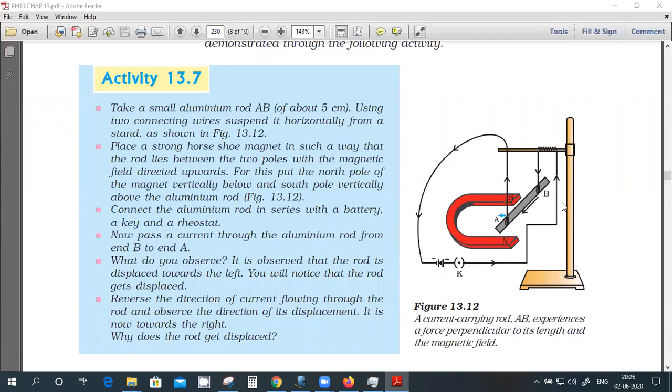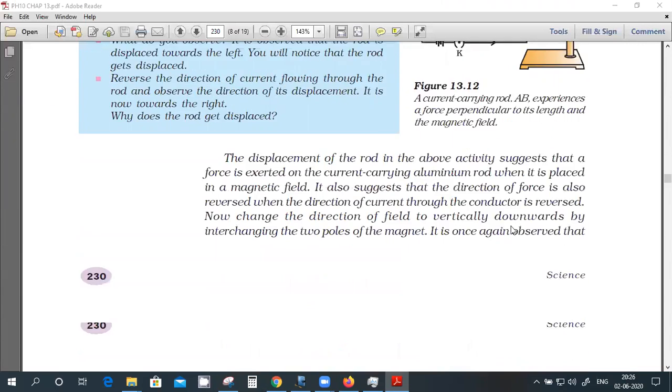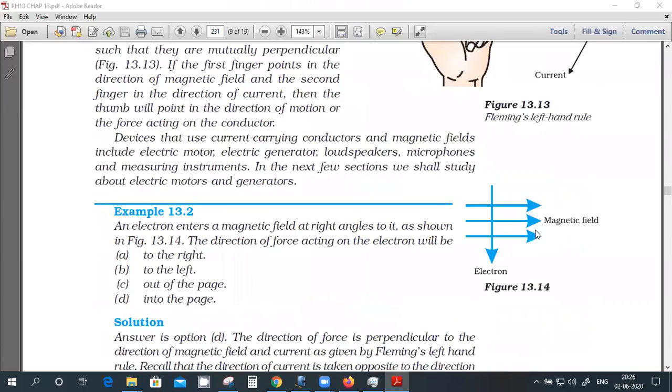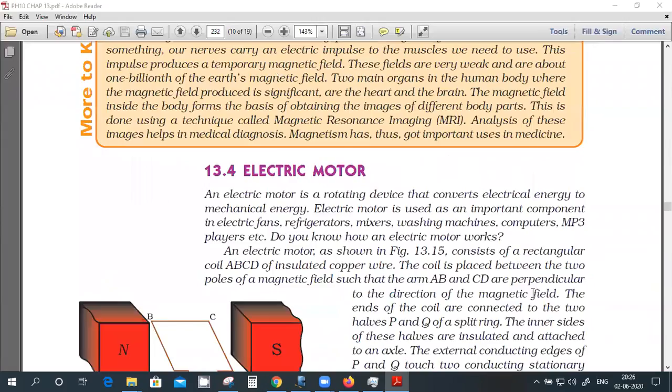When you close the key, the current will flow, and when the current flows, it acts as a magnet, right? Because a current carrying conductor is like a magnet. So between these two magnets there will be some interaction, some repulsion or attraction depending on the polarity. So there is some force generated because of this magnet and the current. If I design it properly, I'll be able to generate motion.